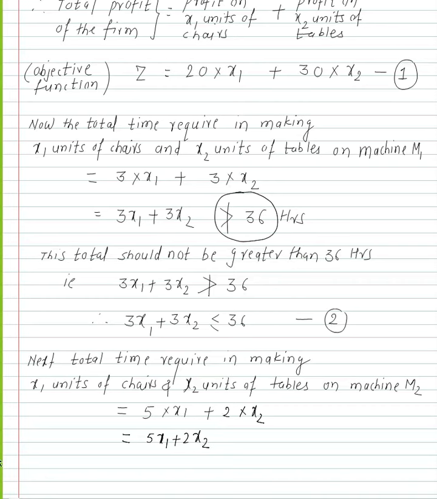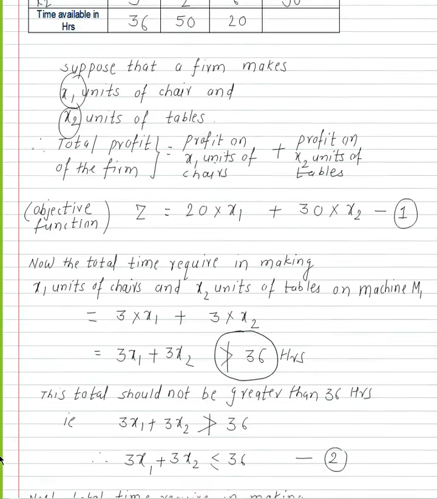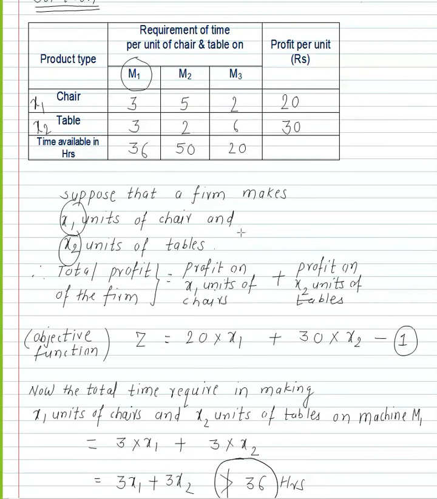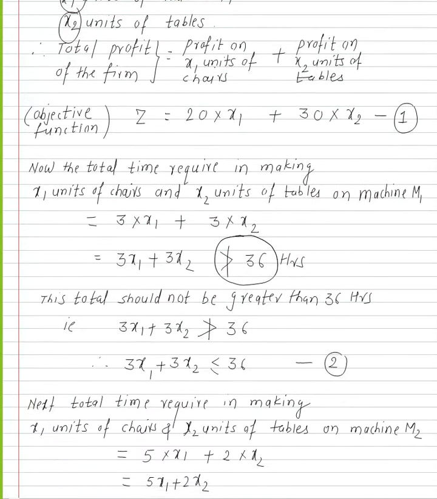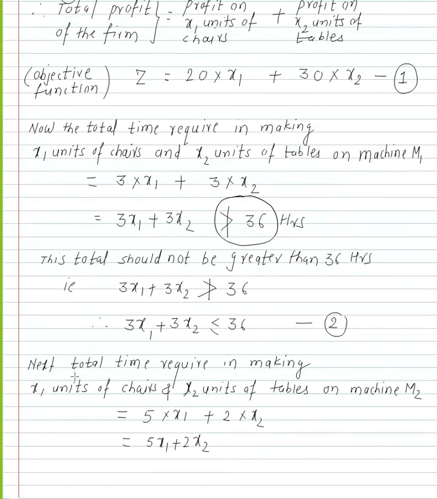Total time required on machine M2 is 5x1 plus 2x2. Note that only 50 hours are available on machine M2, so the total time required on machine M2 should not be greater than 50 hours.